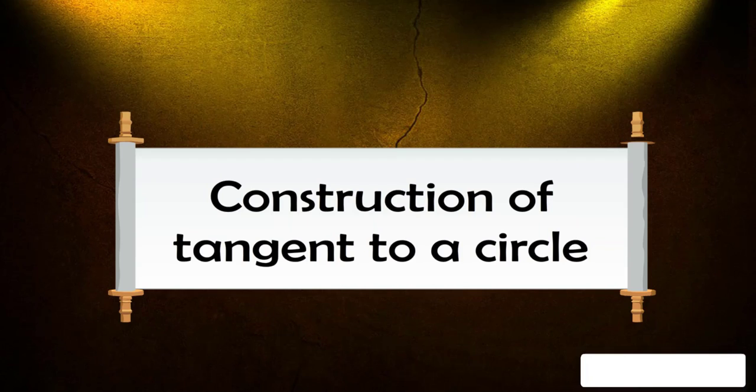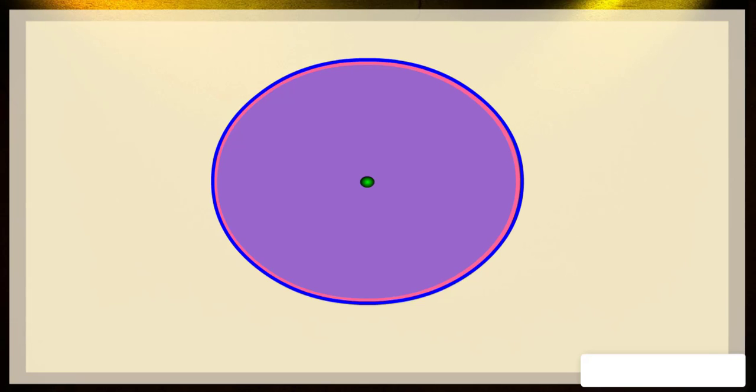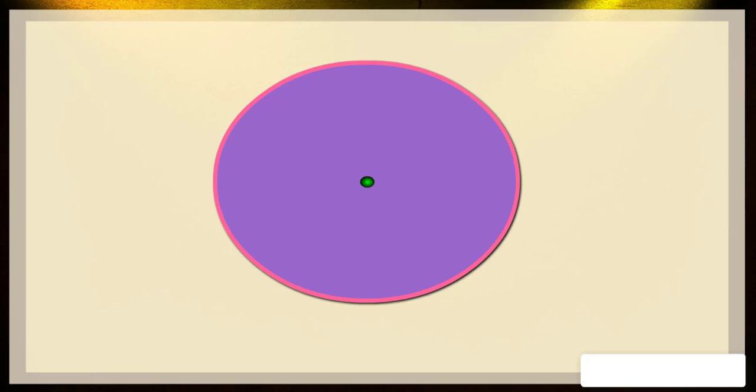Construction of tangent to a circle. In this module, we will discuss the construction of tangent to a circle. We have already learned that if a point lies inside a circle, there cannot be a tangent drawn to the circle through this point.